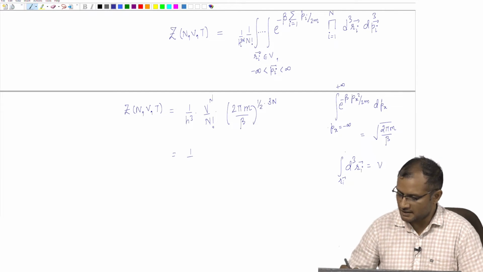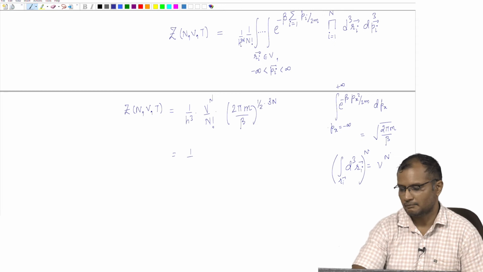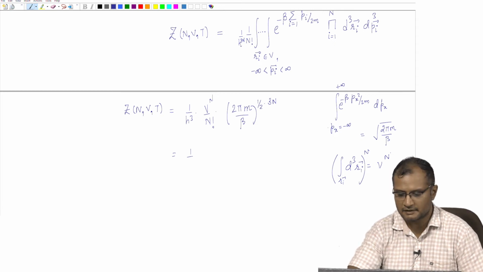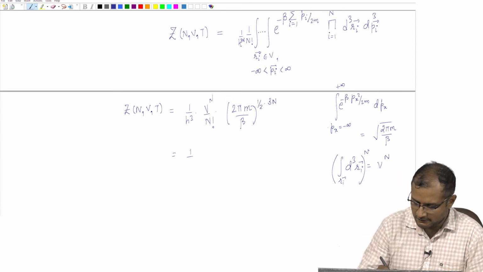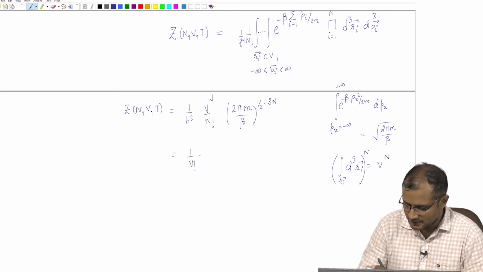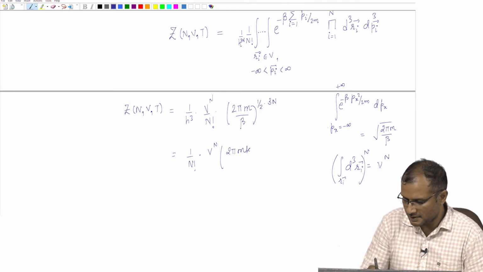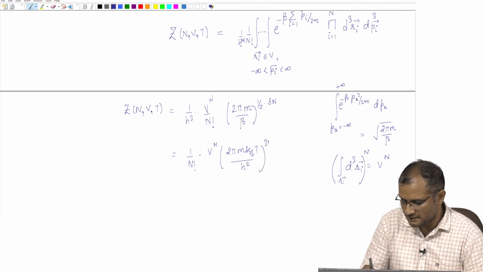And so, if there are n such integrals, it will give you V raised to n. So, that is why we have V raised to n. So, now I have 1 over n factorial into V raised to n into (2πm k_B T over h squared) to the power 3n by 2.